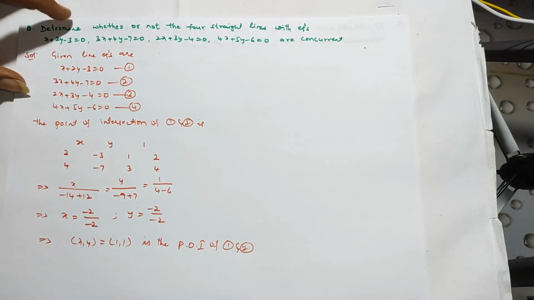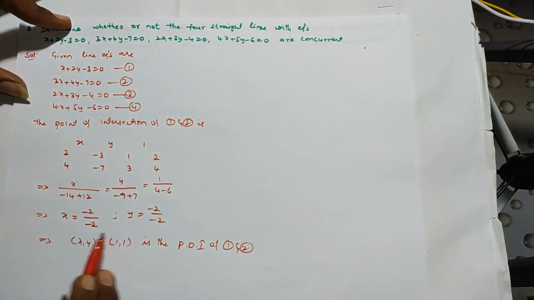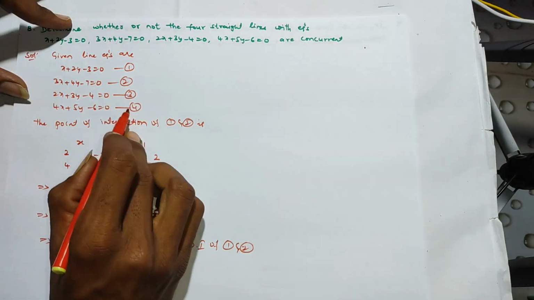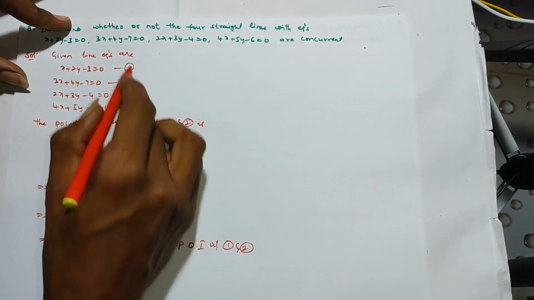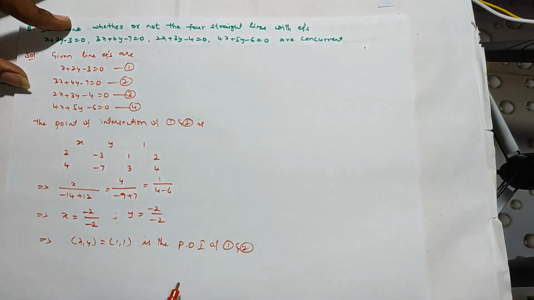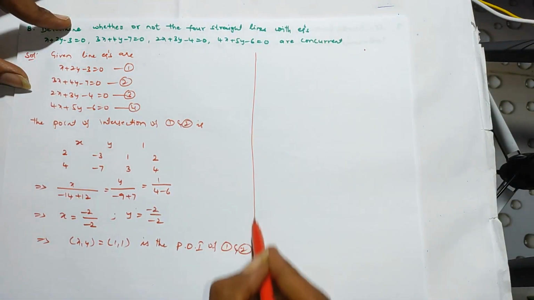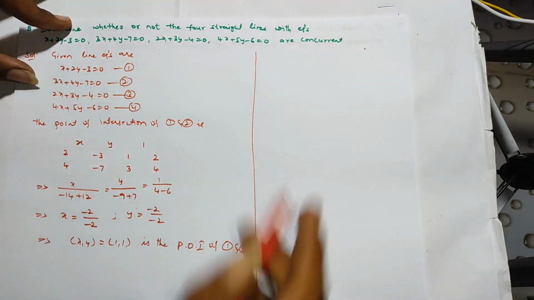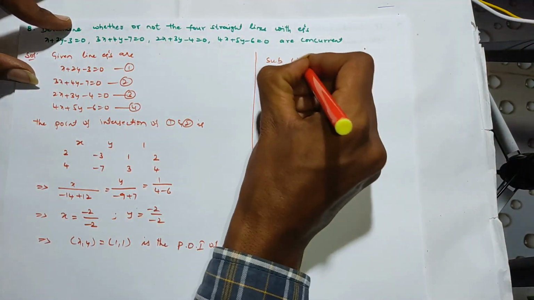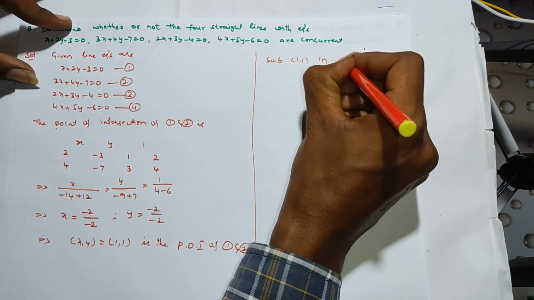While substituting this point in the third and fourth equations, if this point satisfies them, then we can say that these four lines are concurrent. If any one of them does not satisfy, then we can't say these 4 lines are concurrent. Substitute (1, 1) in equation 3.